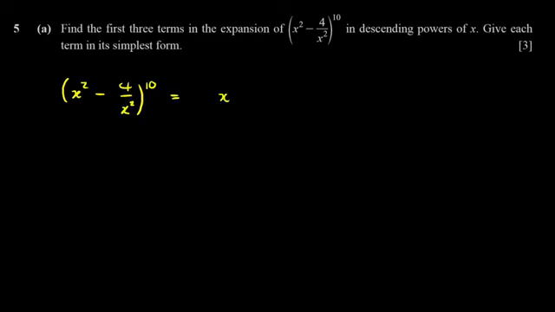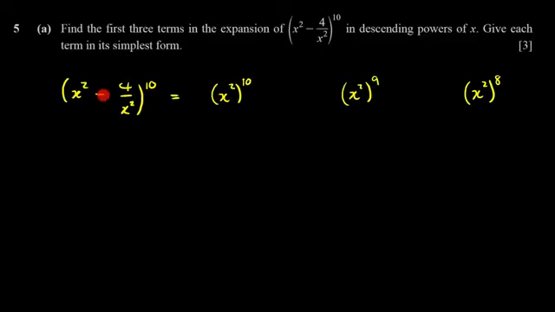You're going to start with an x squared to the power of 10. And then in the next term, you'll have an x squared to the power of 9. And then in the next term, you'll have an x squared to the power of 8. So those powers decrease. You've got 10, 9, 8.